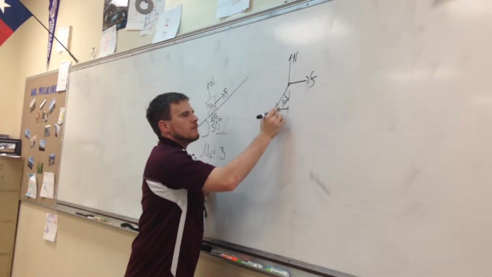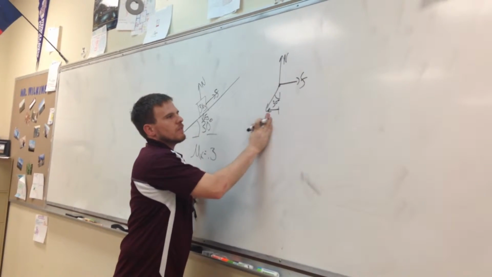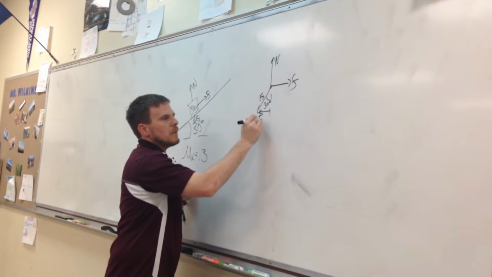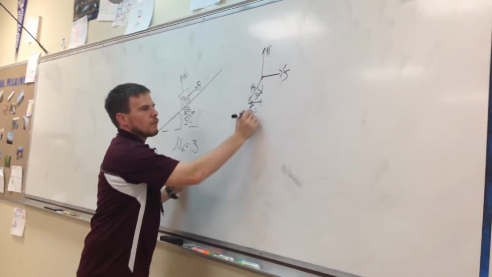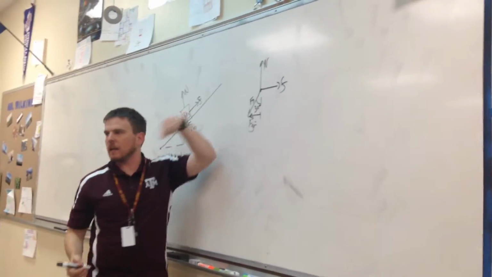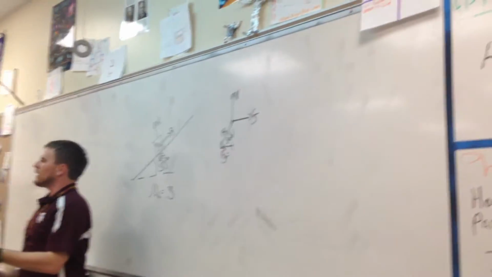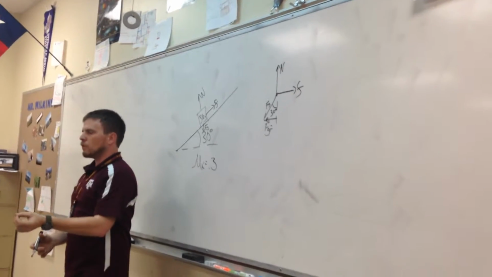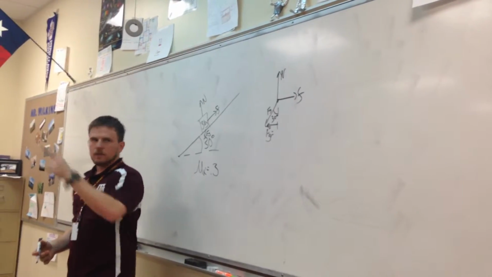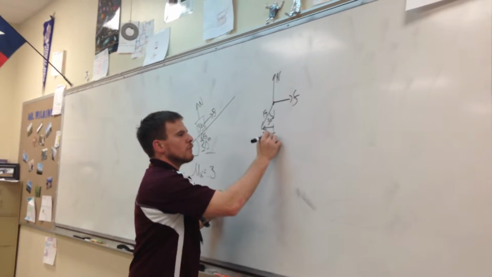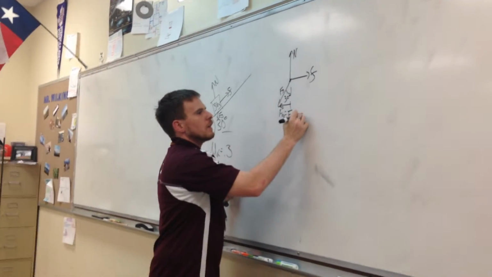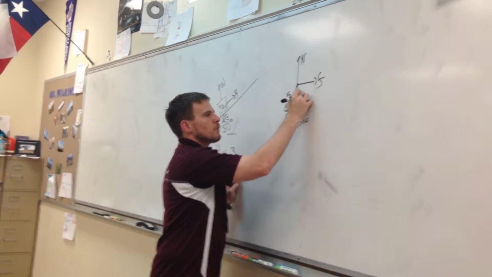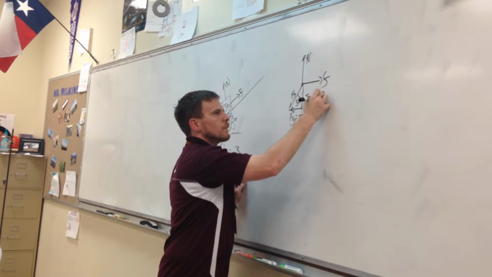When you got this, the force of gravity in the x would be the opposite. Right? Force of gravity in the x is the opposite side of that angle. If you have an opposite, what do you use, sine or cosine? Sine. So the force of gravity in the x will be force of gravity sine theta, and the force of gravity in the y would be force of gravity cosine theta.